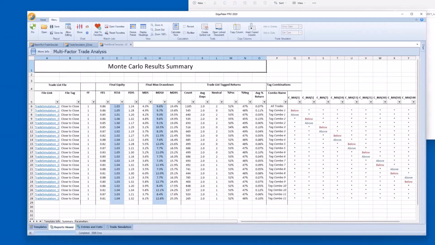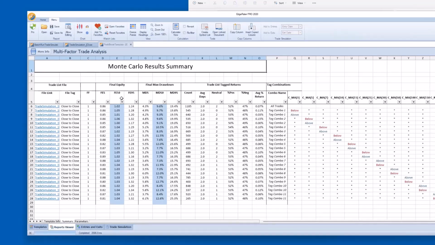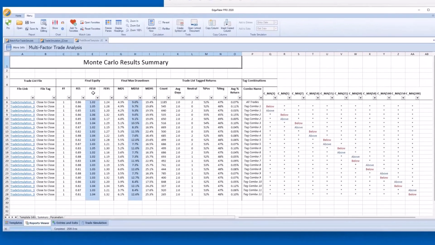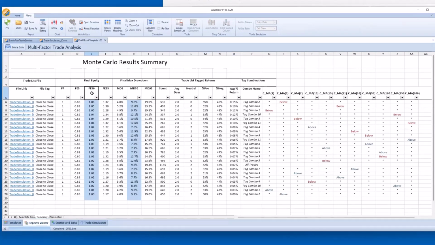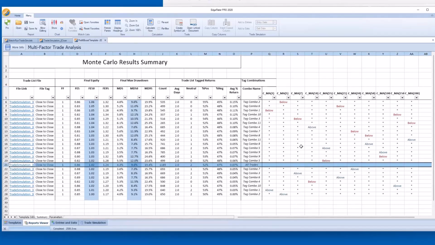It's not given it in an order of highest final equity to lowest, but you can just click on the final equity column a couple of times, and you'll end up with this report sorted in that way. And then you can see that I can look at the all trades here. So anything above there was better trades, but this is now not factored by stock. This has put all of those stocks together.